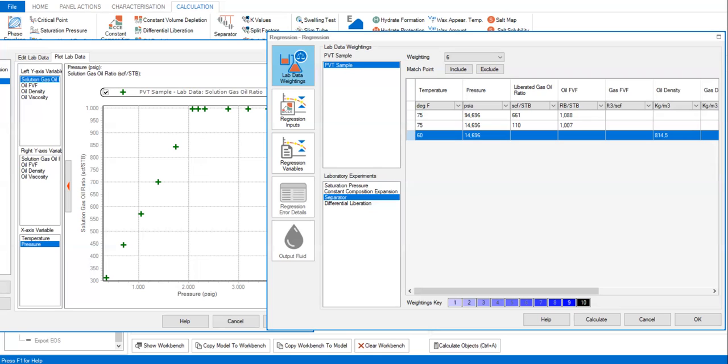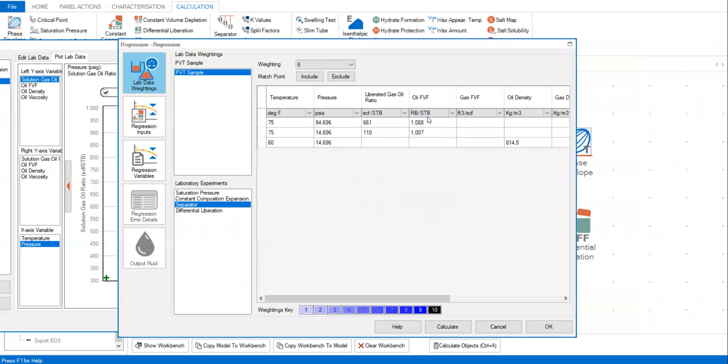Okay, so that's some explanation for the separator tests, for the strategy, for the data weightings. And now we will exclude the oil formation volume factor. Okay, I'm going to exclude them. And then I will maintain the 10.